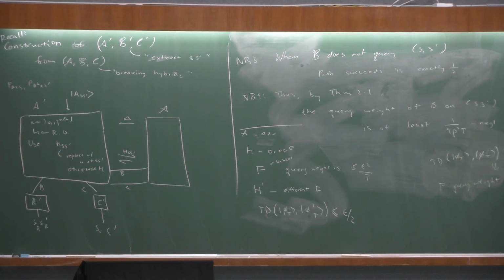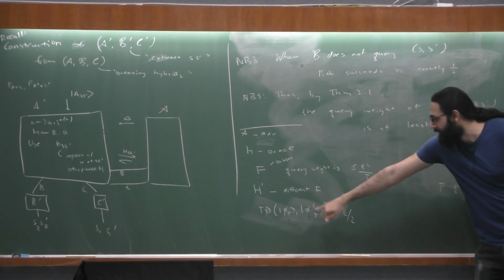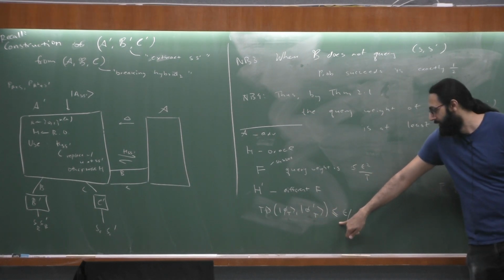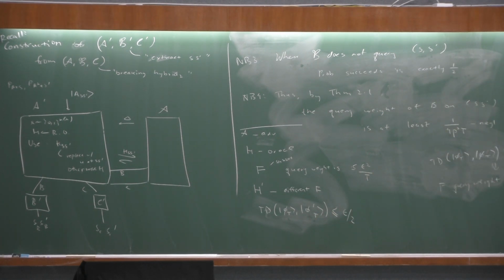So now we've established that if you use phi prime which never queries, then this would be at least epsilon by 2. Epsilon by 2 over here is 1 by 4p, and if this is at least 1 by 4p, then it has to be the case that it is querying at the location where we changed the oracle, which is SS prime exactly. It has to be querying there with at least this much probability. Okay, and so you get this.